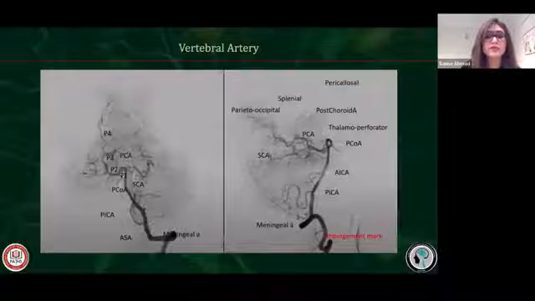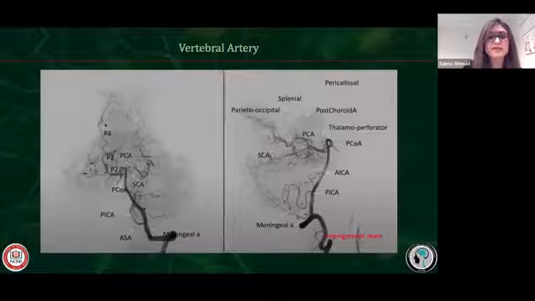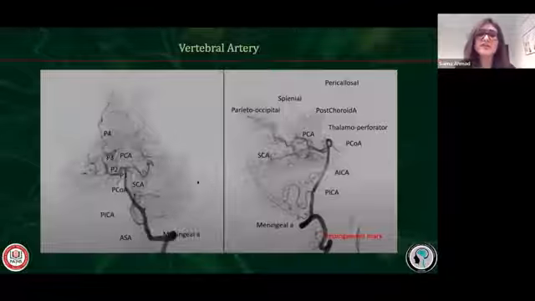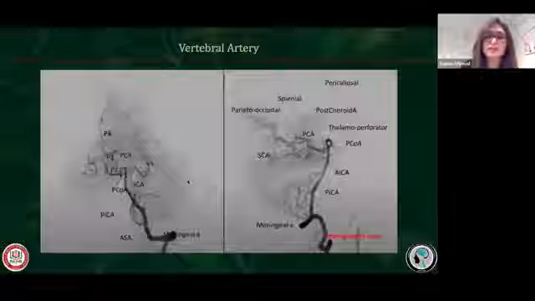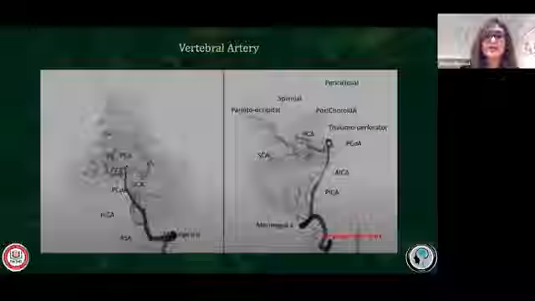Between the P1 and the P2, we have the posterior communicating artery, and also the choroidal artery, because it supplies the choroid plexus of the third ventricle, and then it runs into the quadrigeminal cistern, giving the quadrigeminal artery to the P3, and then into the calcarine, terminating by giving the calcarine branch to the visual cortex. Occlusions of the PCA are very drastic, because they supply the peduncles. So we should be very careful when dealing with this area.